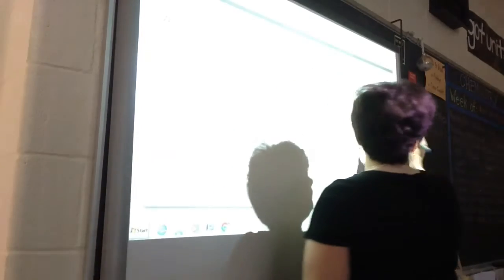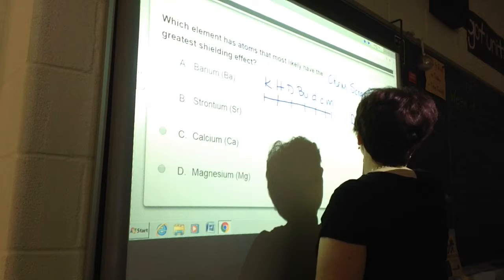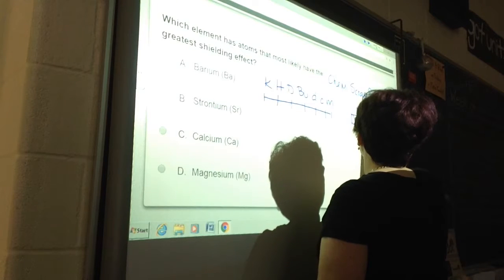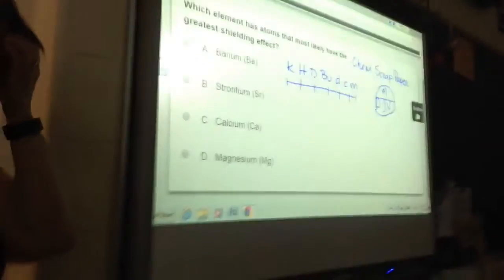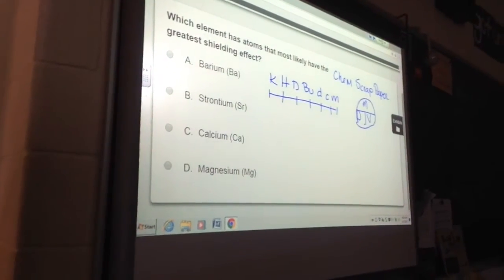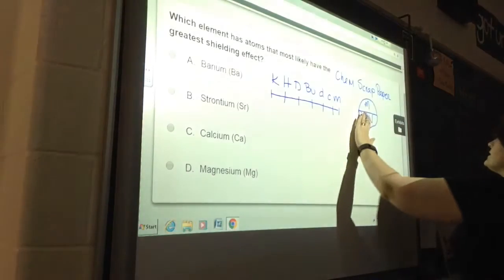Density circle. I like the circle. That looks good. It looks like a speech bubble. If we need density, what's the equation?